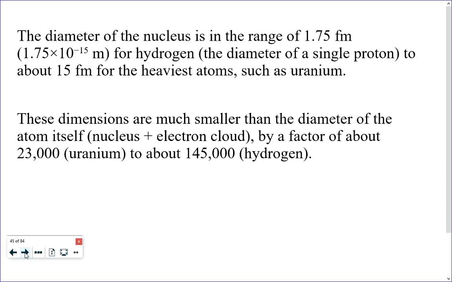And it varies depending on the atom. And then those dimensions are much smaller than the diameter of the atom itself. The diameter of the atom can be anywhere from about 23,000 times to 145,000 times the diameter of the nucleus. So you can work it out with a ratio.